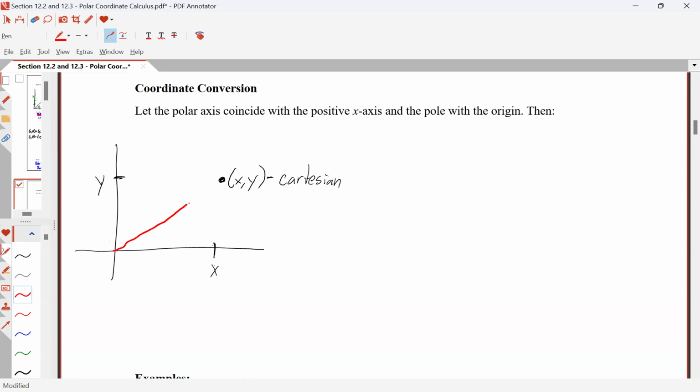We could also have a radius of r and an angle off of the x-axis, or the polar axis, and talk about that same point by saying we have the radius r and the angle theta, and that is what's known as polar coordinates.